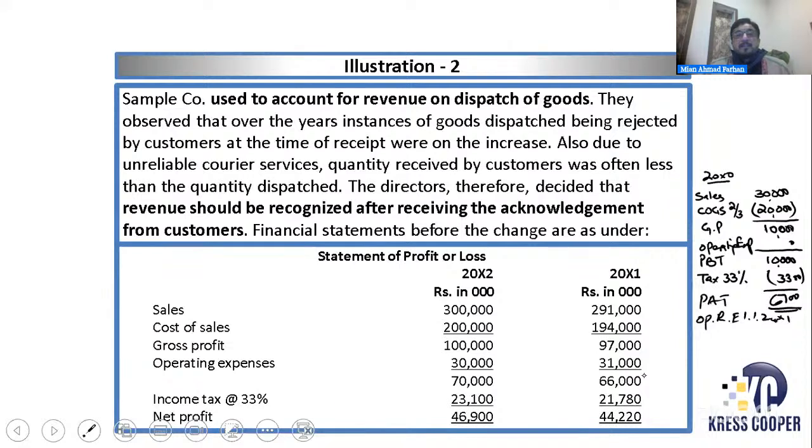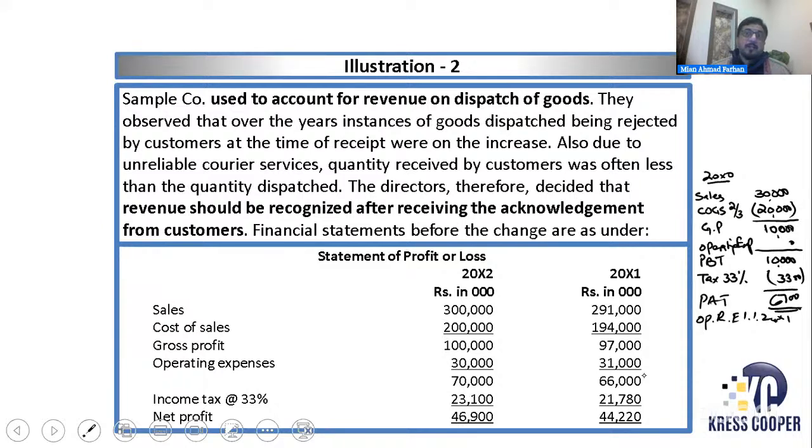There is another example where sample company used to account for revenue at the time of dispatching the goods. So the concept was that when the goods will be dispatched, then it will be assumed that the control has been transferred to the customer.